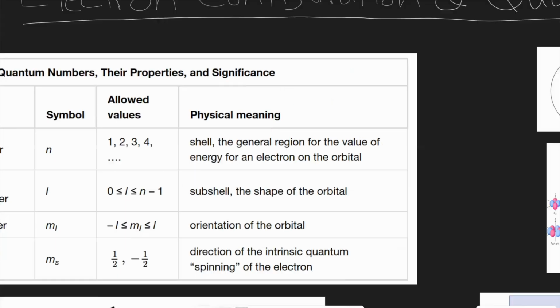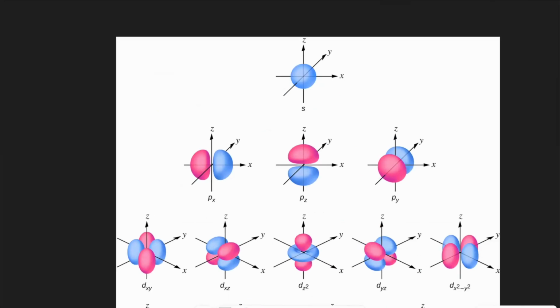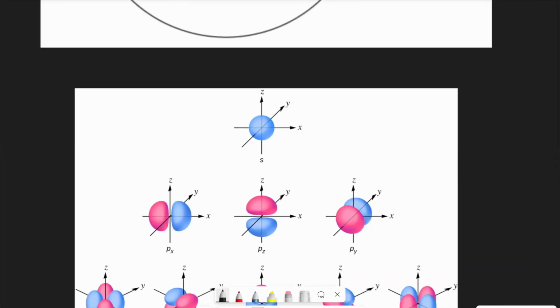Because there's only one option, anything that's in the s subshell will have the L equals 0 denotation, and the only ML possibility, or the magnetic quantum number possibility, is also 0.